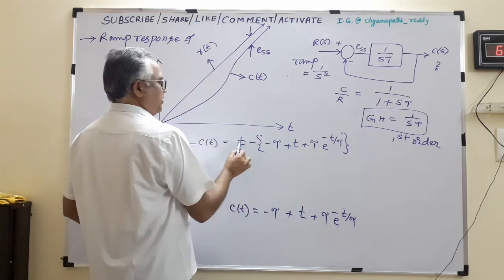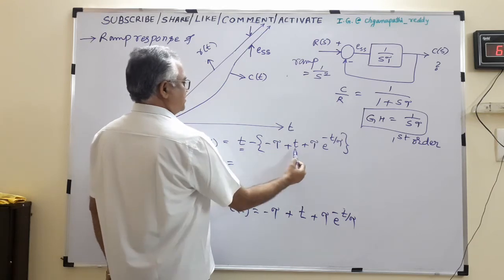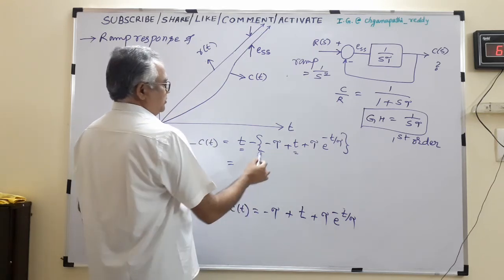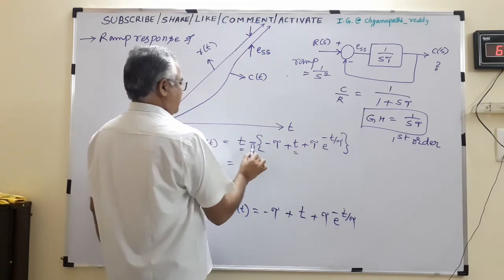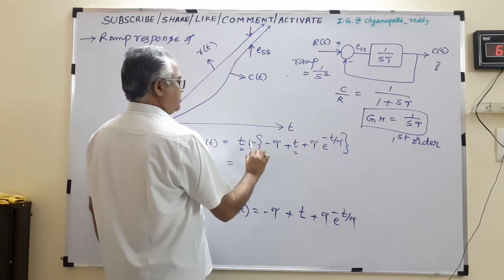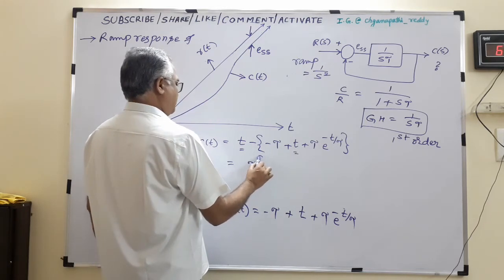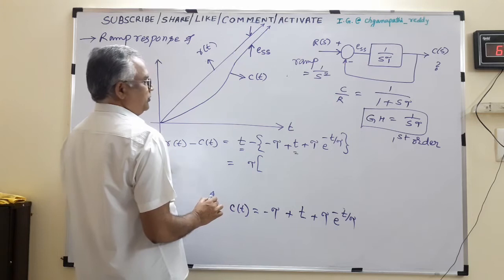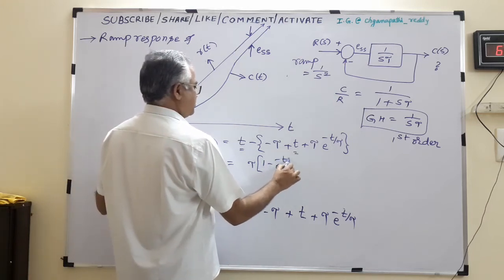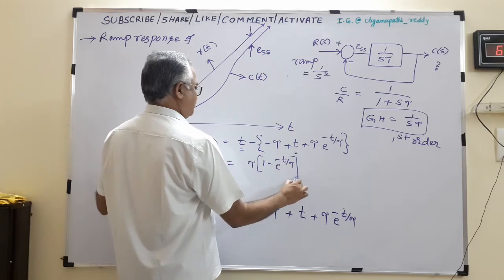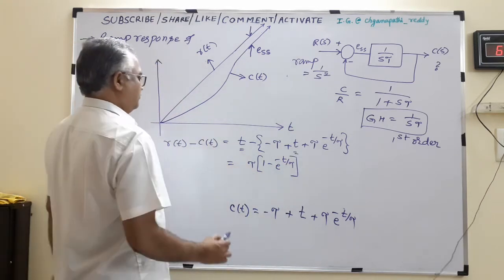So if you simplify, this minus t cancels, minus tau, this cancels, and tau is common: 1 minus e power minus t by tau. This is E of t.